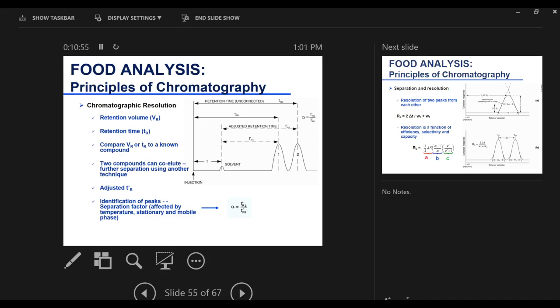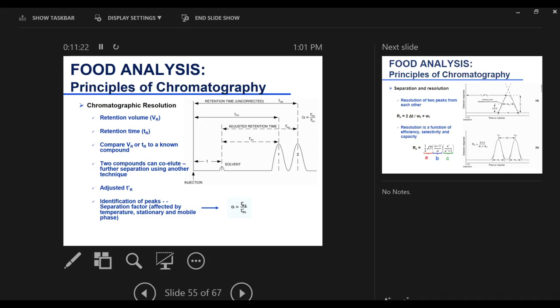If two compounds are very similar in their association to the stationary phase and you use acetonitrile, they will come out together. If I use a less polar organic solvent, they will separate better. They won't jump out together the way they would with a highly strong organic mobile phase.